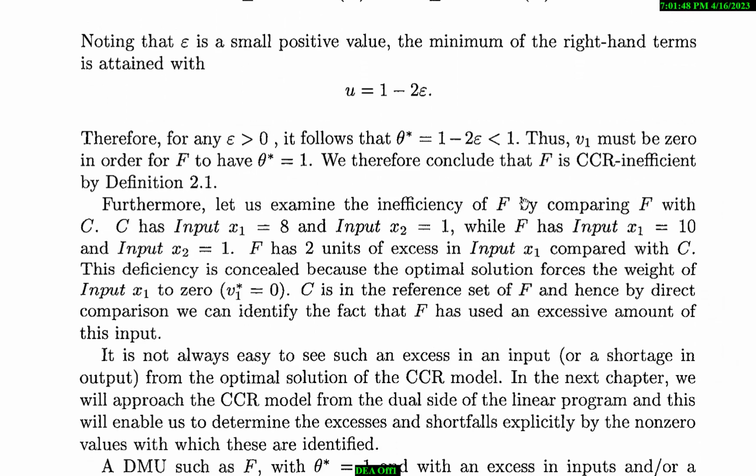So F is not CCR efficient by definition, and F is CCR inefficient. Indeed, we give the name of weak efficient to this kind of DMU.